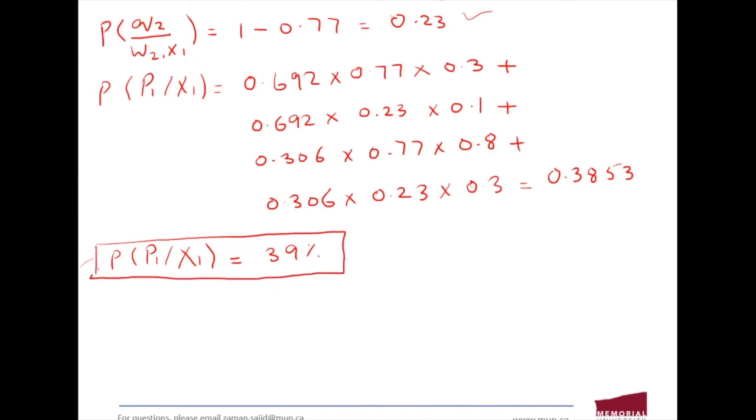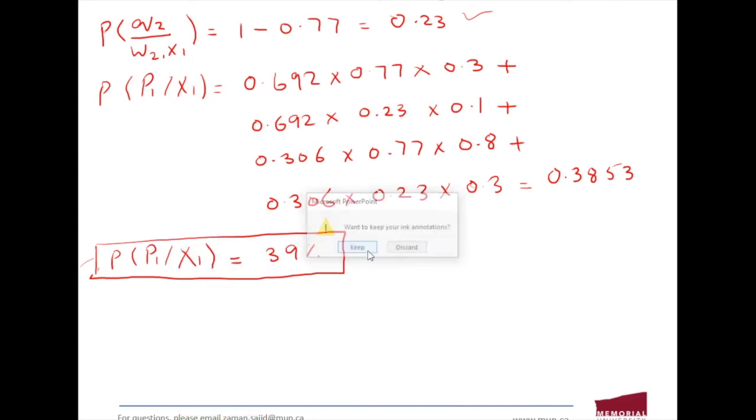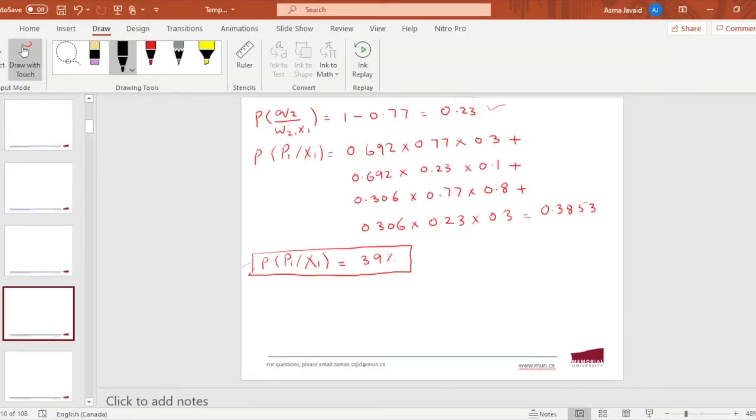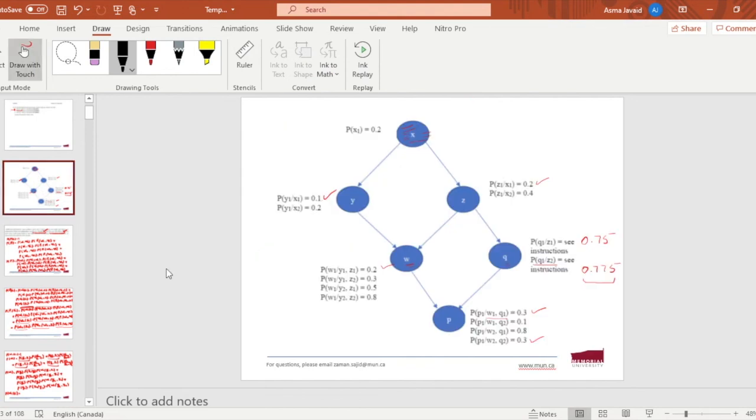It was not asked in the examination, but I can show you how you find it using the Genie software. How can I confirm this answer using the Genie software? Now this is my network here.